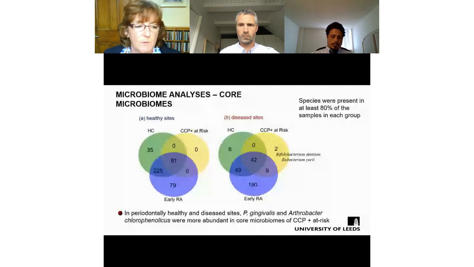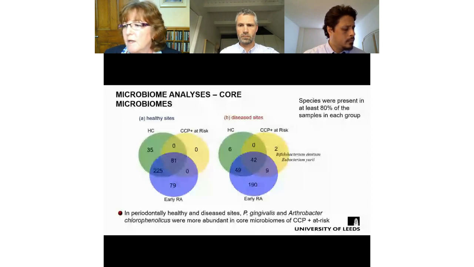A large number in common between healthy controls and early RA, and some within the core microbiomes that are unique to healthy or ERA, but none in the CCP at-risk group, and none that are in common with the CCP at-risk group. Sorry, in common between at-risk and healthy control or at-risk and early RA.